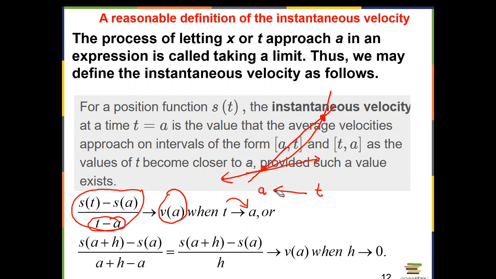Now, if you name the first point a and the second point a plus h, then you have to make a plus h approach a, and to do that you let h go to 0.